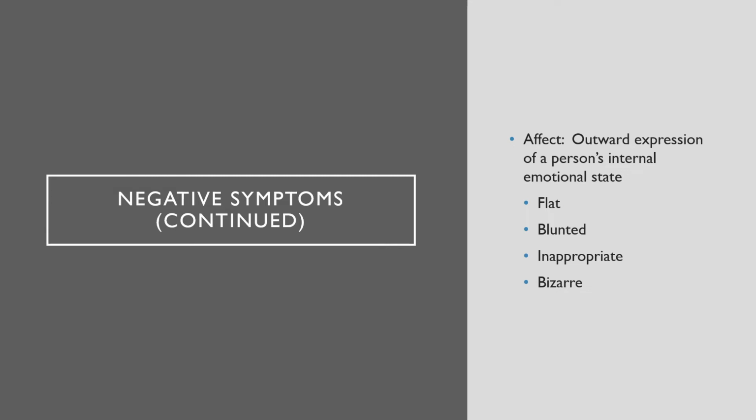Blunted is reduced or minimally emotional response. Inappropriate is incongruent with the actual emotional state or situation. So that might be laughing in response to a tragedy, right? It's inappropriate. And then bizarre affect is that odd, illogical, inappropriate, or unfounded. A lot of times it's going to include just making your face kind of grimacy.